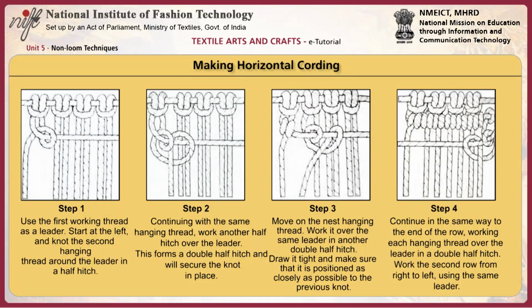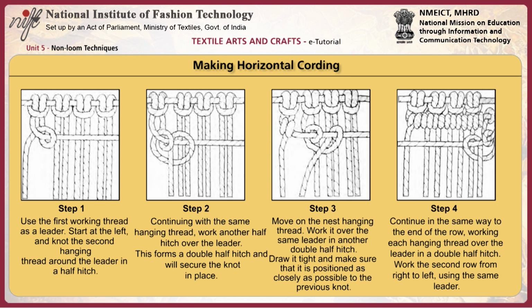Use the first working thread as a leader, start at the left and knot the second hanging thread around the leader in half hitch. Continuing with the same hanging thread, work another half hitch over the leader. This forms a double half hitch and will secure the knot in place. Move on to the next hanging thread.